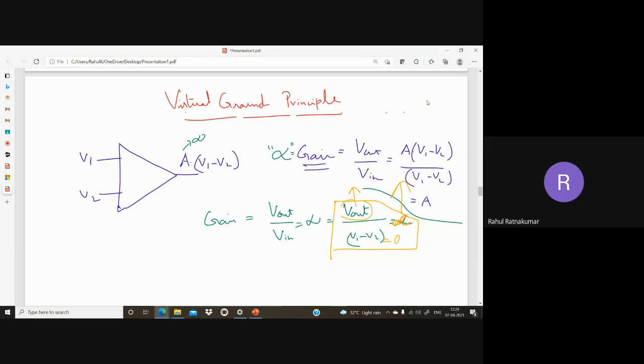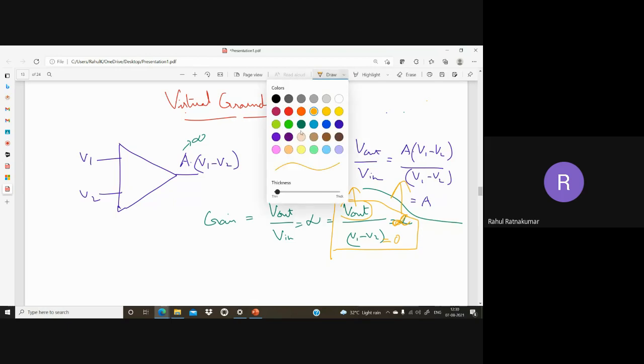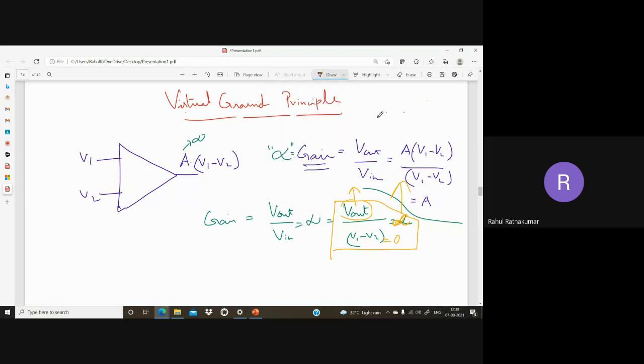At least V out should be a very high value. That is also fine, but we are not much interested in processing very high values. So we consider V1 minus V2. If we are assuming high gain, that means V1 minus V2 equals 0. That means V1 equals V2.